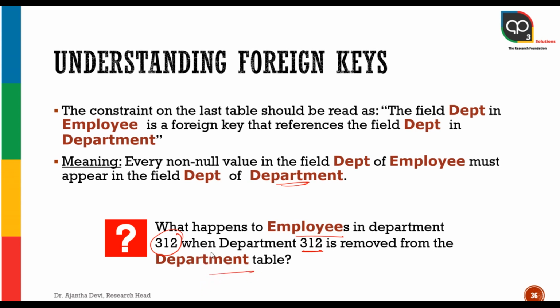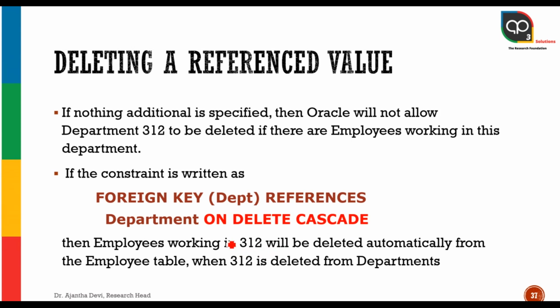If you try to delete a parent row that is referenced in another table, that is in the employee table, SQL will block the deletion. But with on delete cascade, it automatically deletes the related child records. It also automatically removes all the rows which have the same department number in employee.